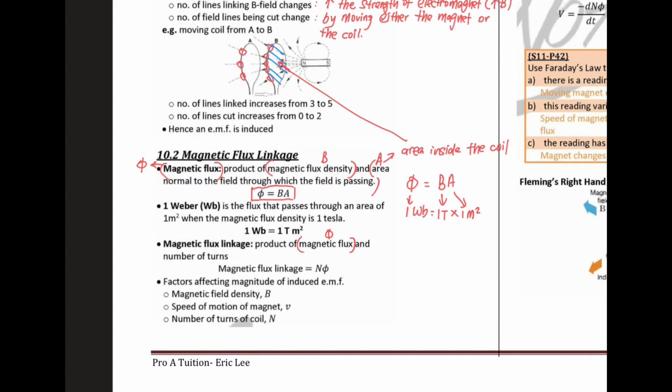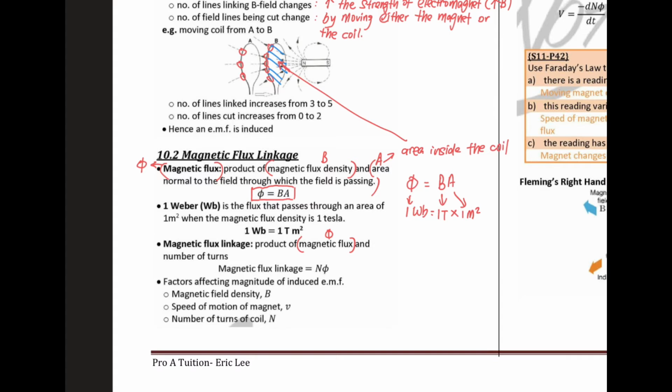What is meant by change in magnetic flux? That means change in the number of lines. Magnetic flux is the number of lines that pass through a particular area. So the magnetic flux which induces a current in the coil is known as the magnetic flux linkage.